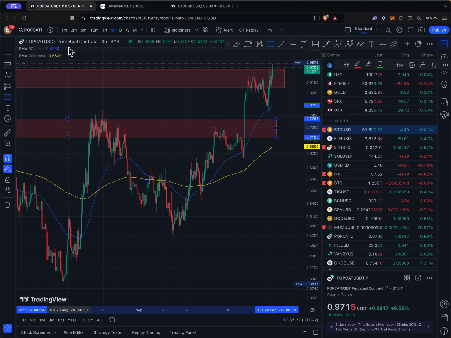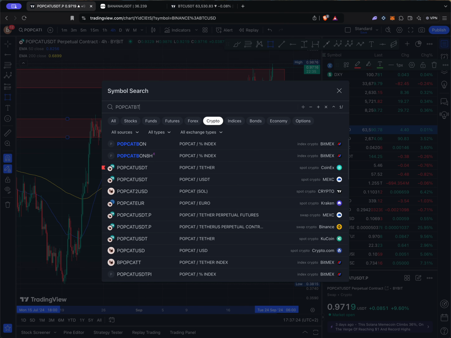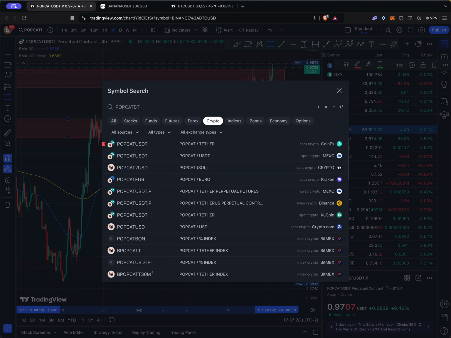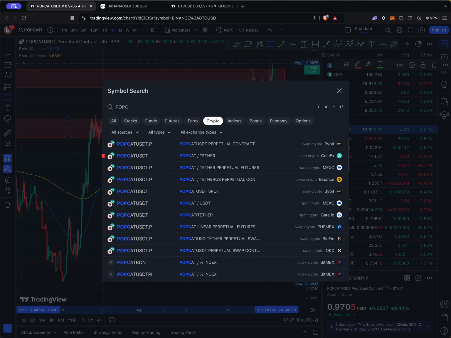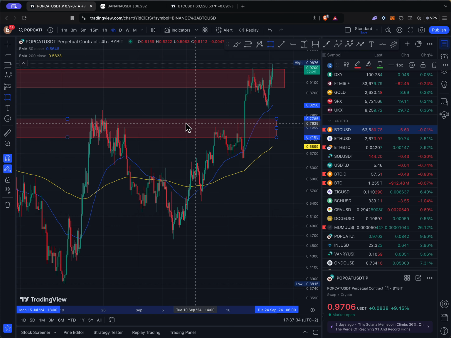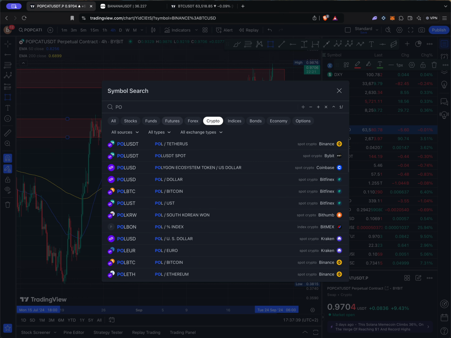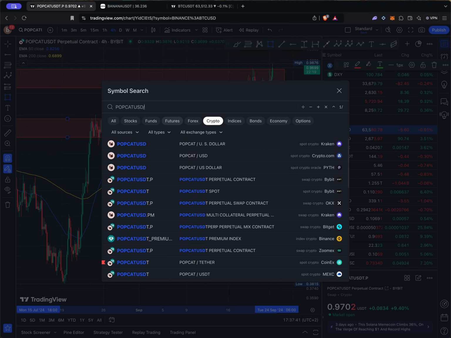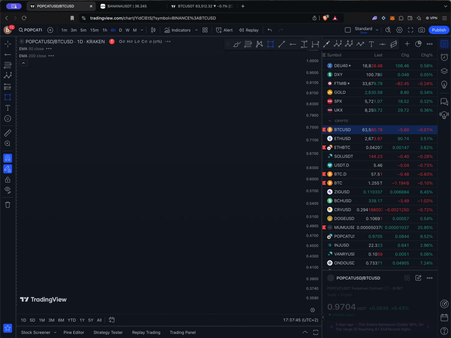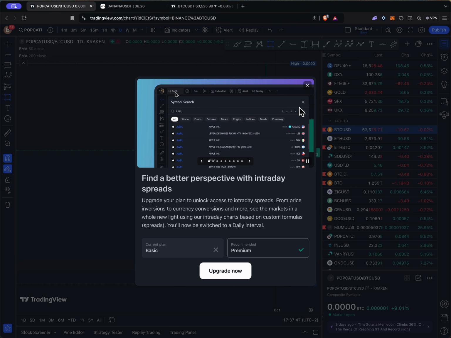And so in this case, Popcat BTC. Oh, there is no pair here against BTC. Sad. Because I wanted to look for confluence against BTC, but I can do Popcat USD / BTC USD, and I should get it.